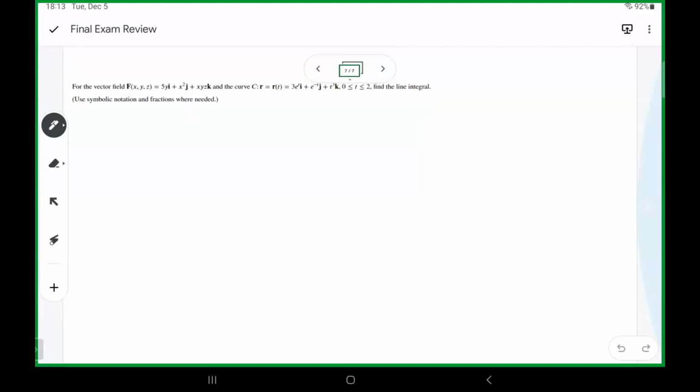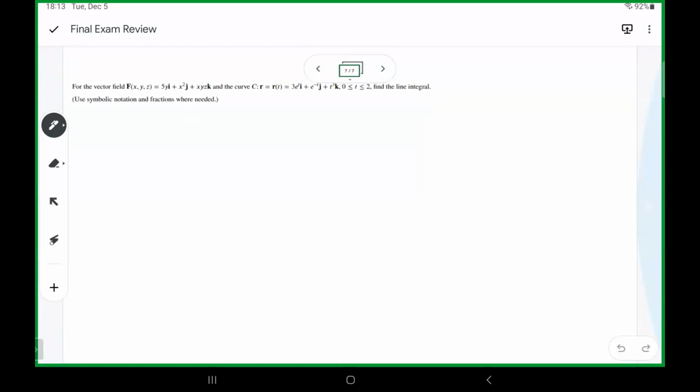Alright, so use the vector field and the curve to find the line integral. Right.